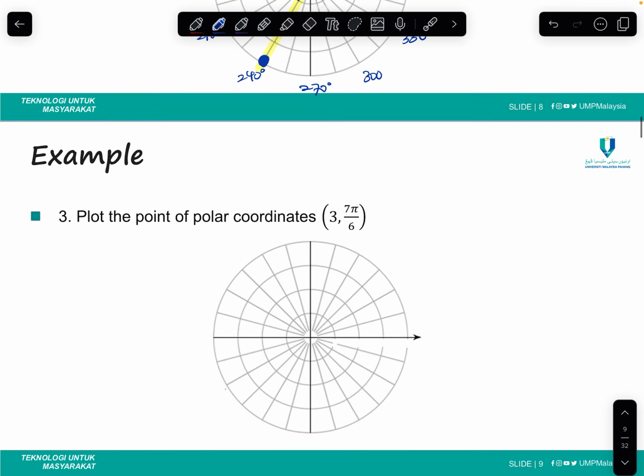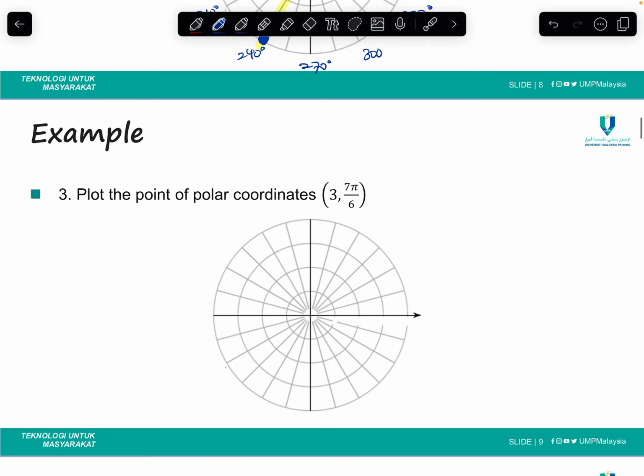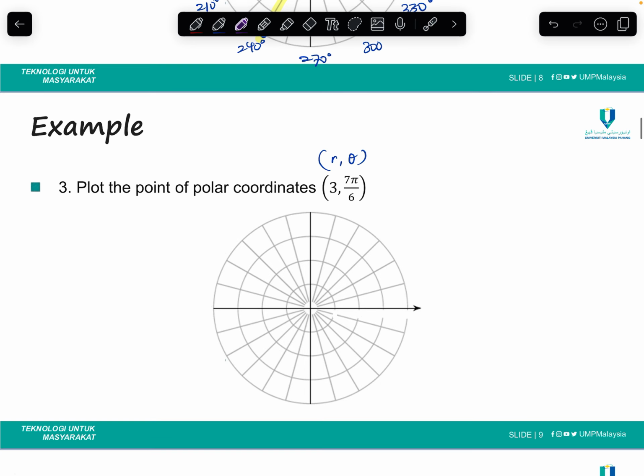Question number 3. Plot the point of polar coordinates (3, 7 pi over 6). It is in the form (r, theta), so you have to determine the angle first. The angle is given in radians, so it's better to convert the angle into degrees.